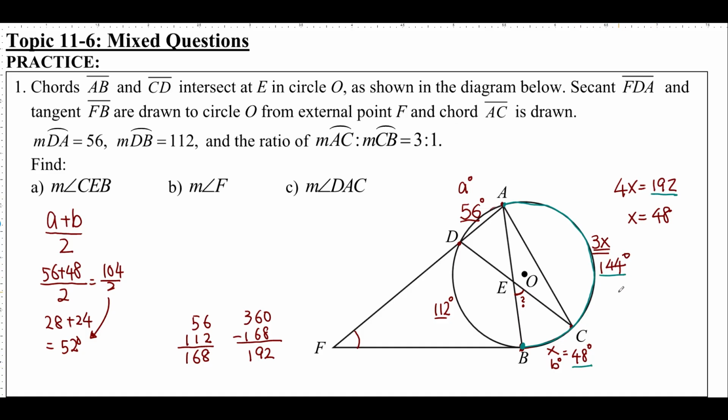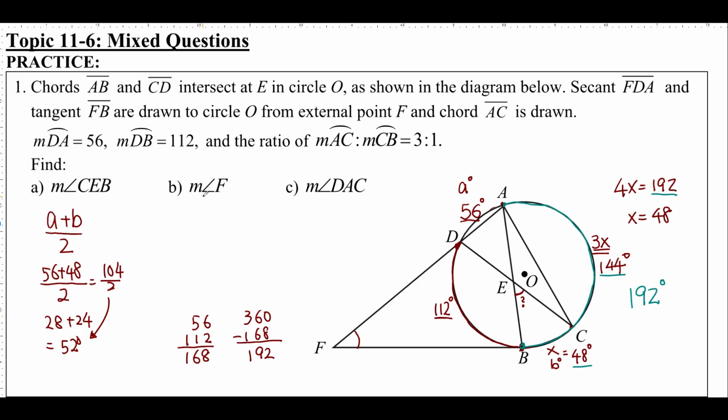This side is 192 degrees. Where is the other smaller arc? Here, from here to here. That's the smaller arc, which is 112, which we already got.